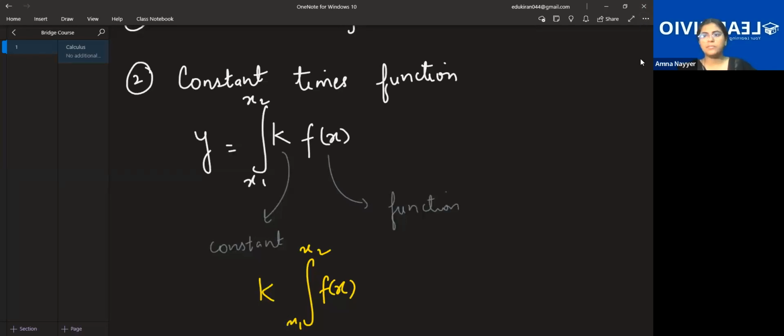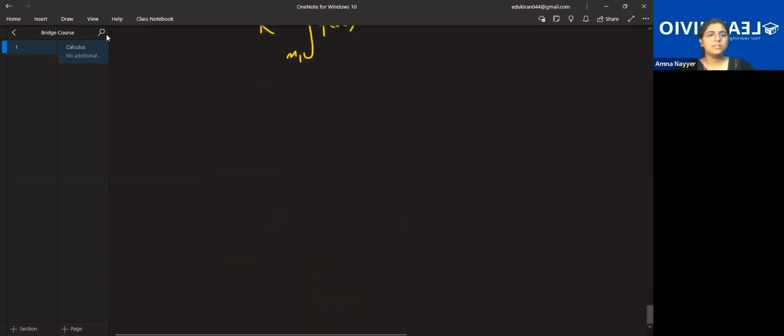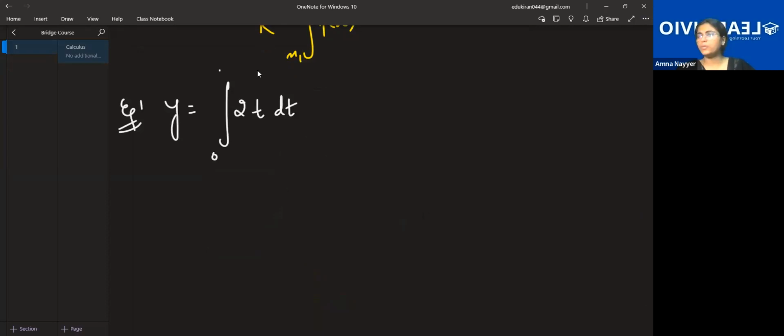For example, if I tell you, suppose we have y is equal to integration of 2t dt, from 0 to 1. I have to integrate this.